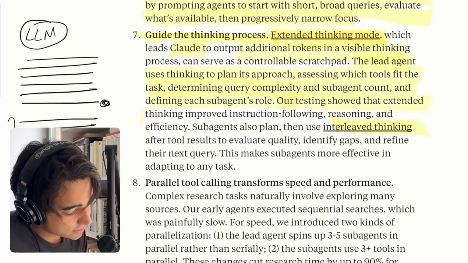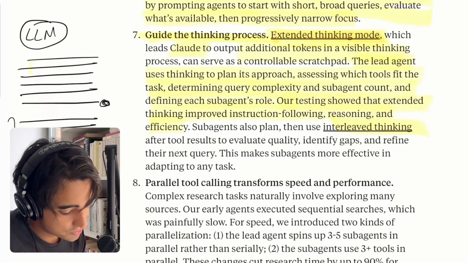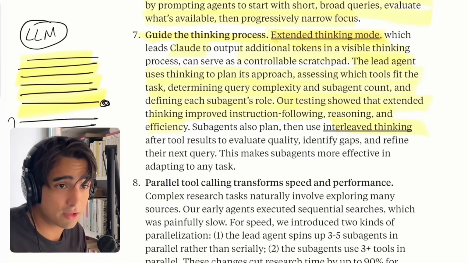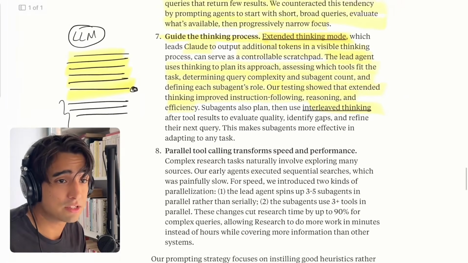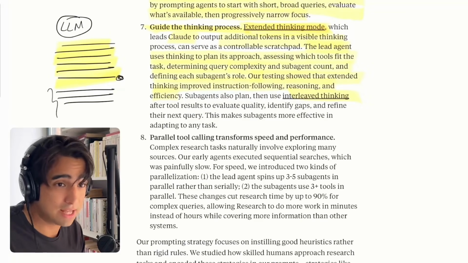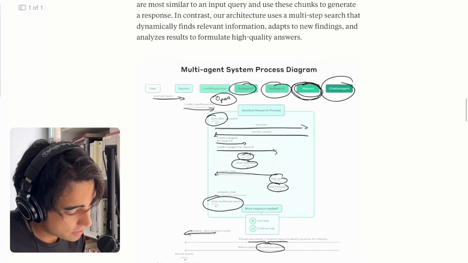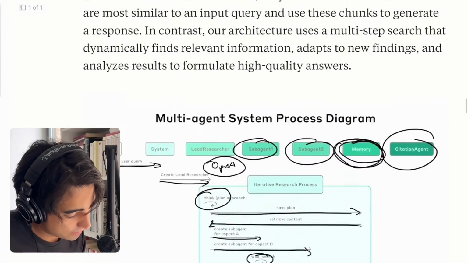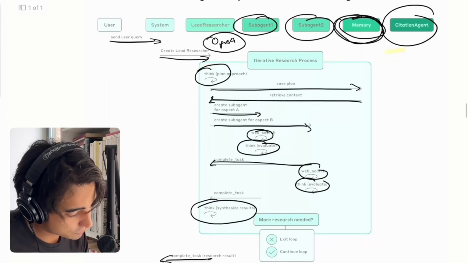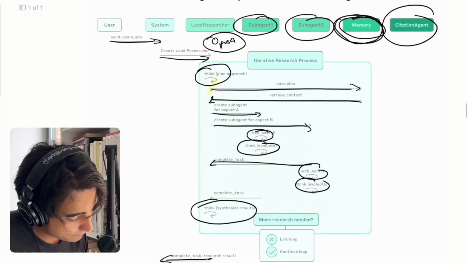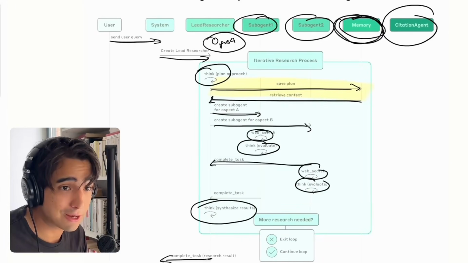Our testing showed that extended thinking improved instruction following, reasoning, and efficiency. So essentially, this means using this thinking step before having the agent write the actual plan of the entire thing, because remember that we have the lead researcher first create a plan of whatever it's going to do right here at the beginning.